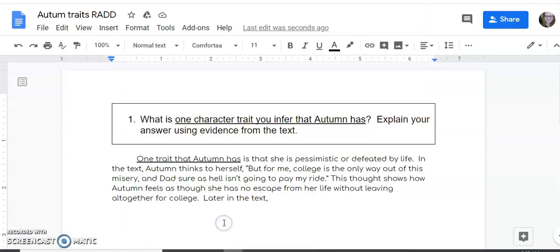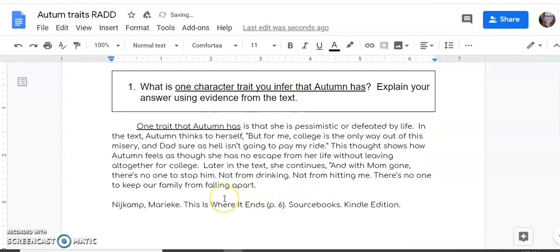Like they would feel like they're defeated by life. Later in the text, she continues, and I'll just stop there. All right, so when I paste from Kindle, it does this citation for me, which is not something you have to worry about.